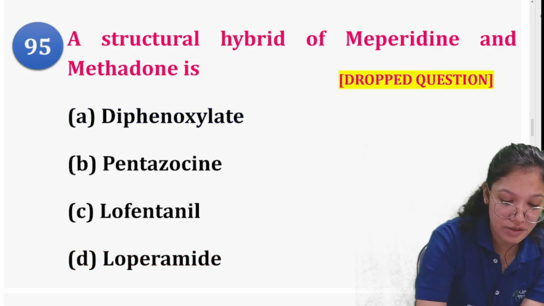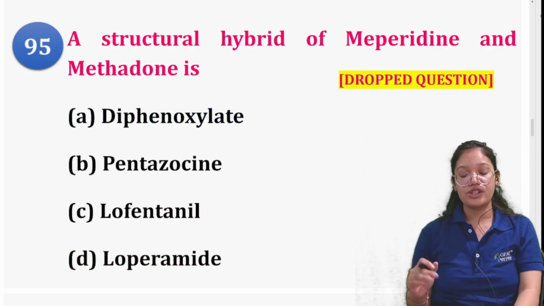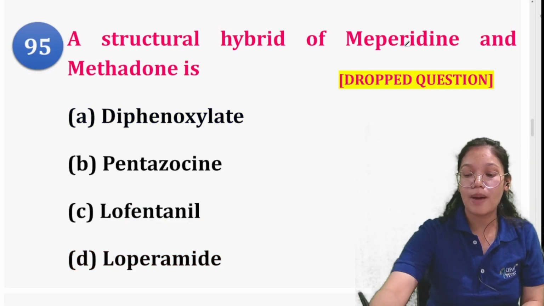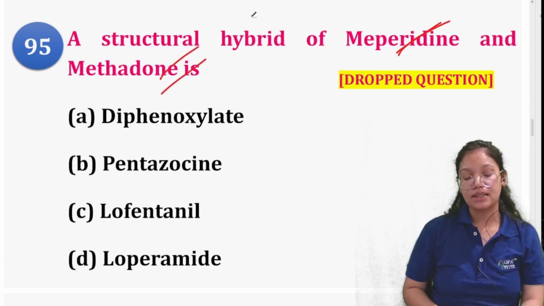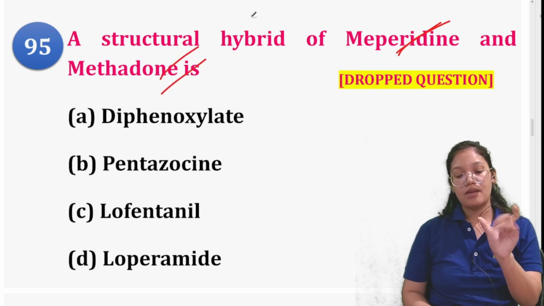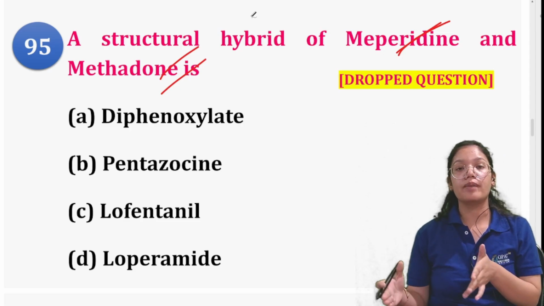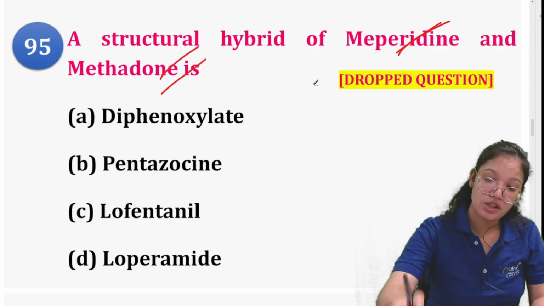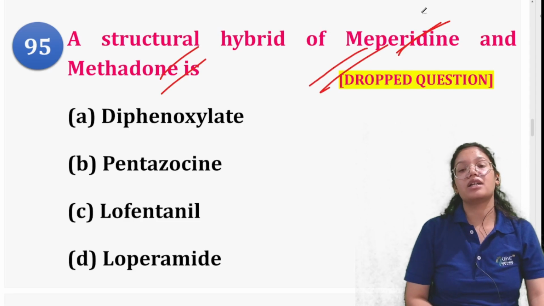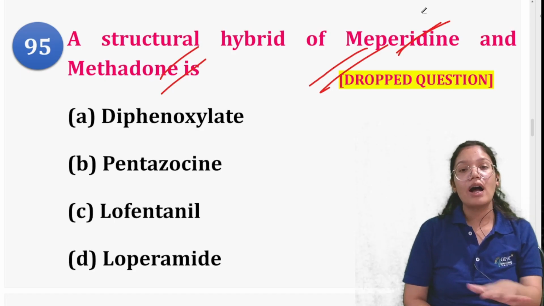Next we have the question: the structural hybrid of meperidine and methadone is. So they are asking about the structural hybrid of meperidine and methadone. Now this particular question from 2025 GPAT was a dropped question. Why was it dropped?